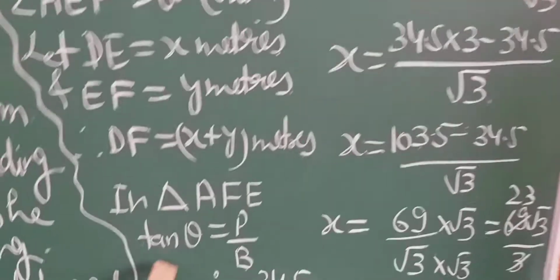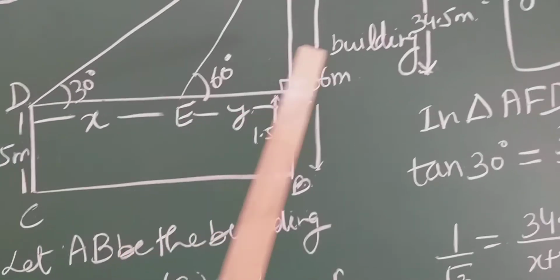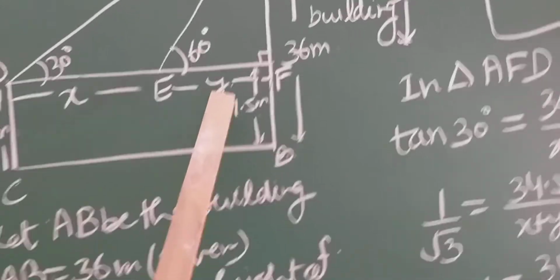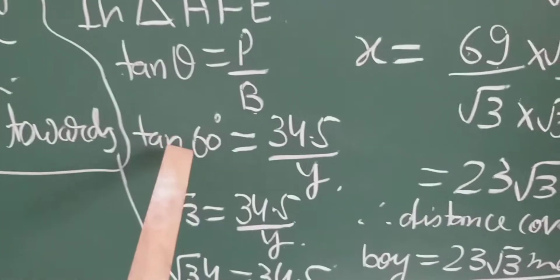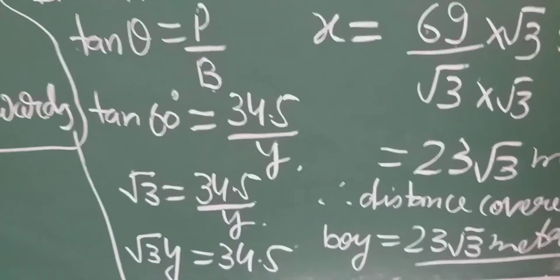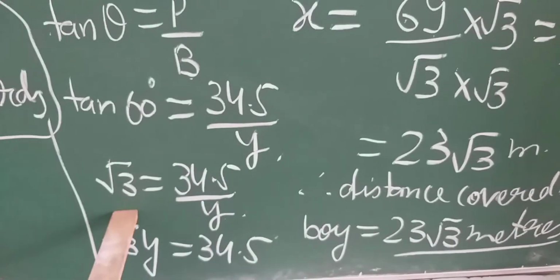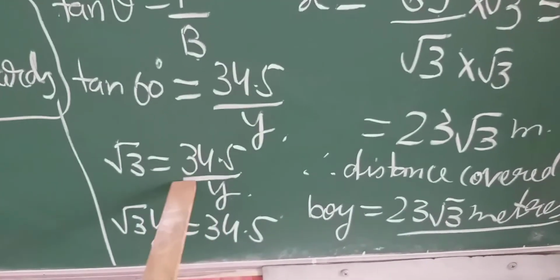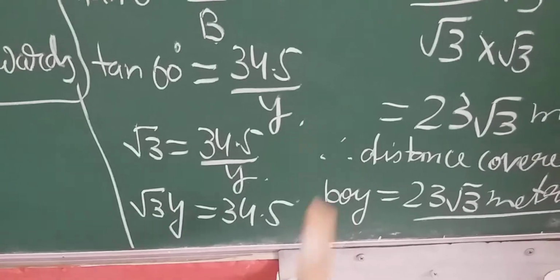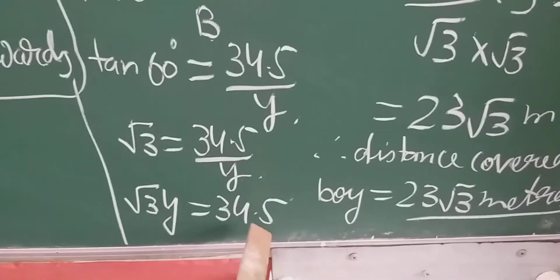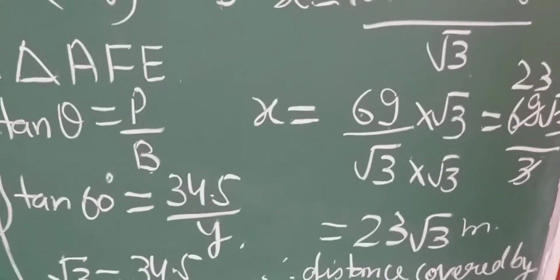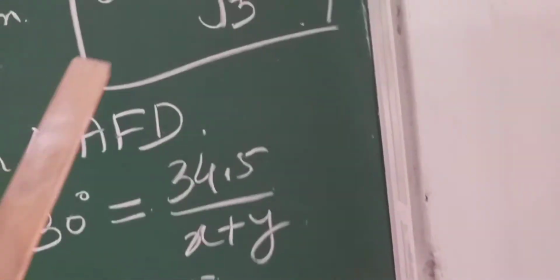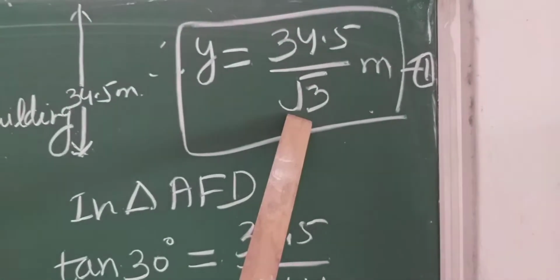So tan 60 degree, perpendicular 34.5, base Y. So tan 60 equal to 34.5 upon Y. Tan 60 equal to root 3, equal to 34.5 upon Y. Cross multiplication, root 3 Y equals 34.5. So Y equals 34.5 upon root 3 meter.